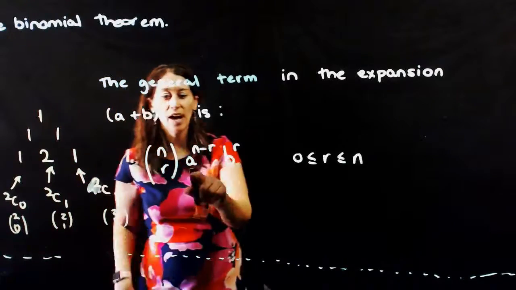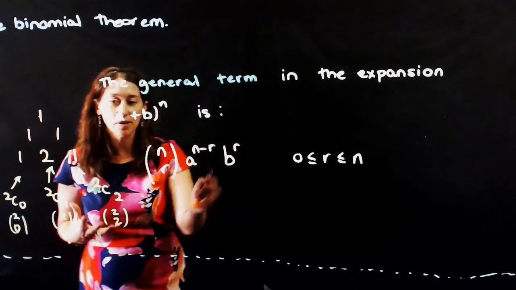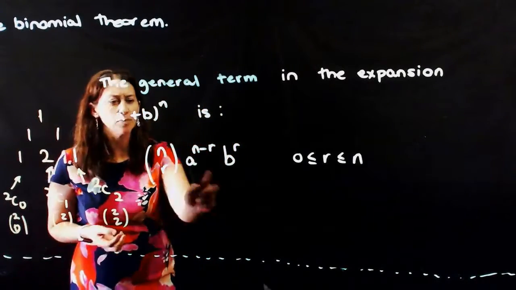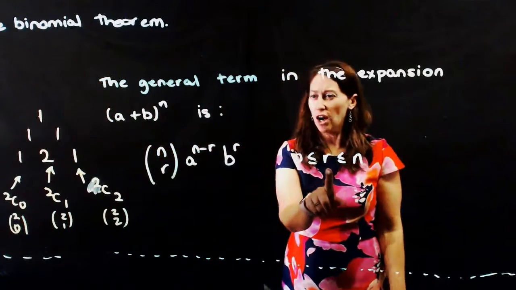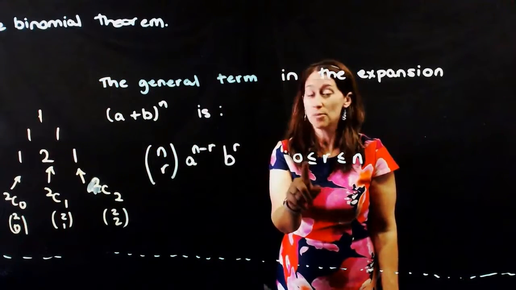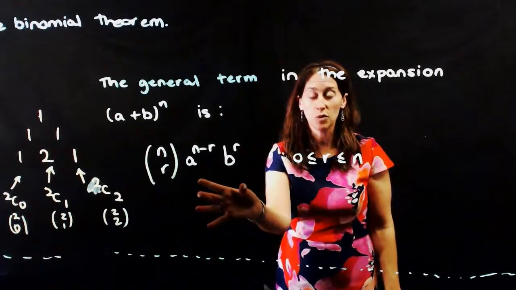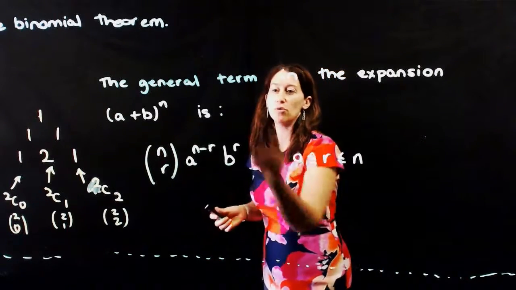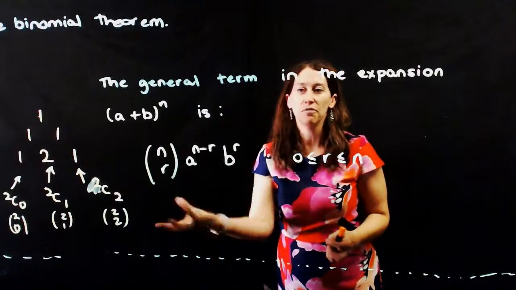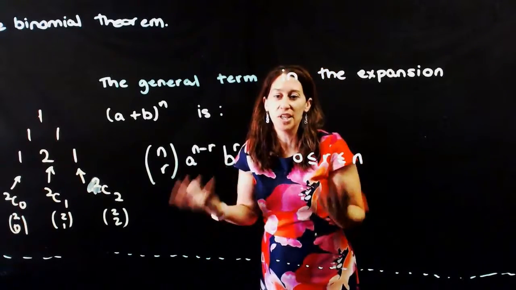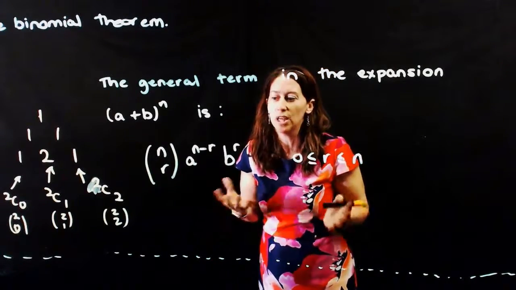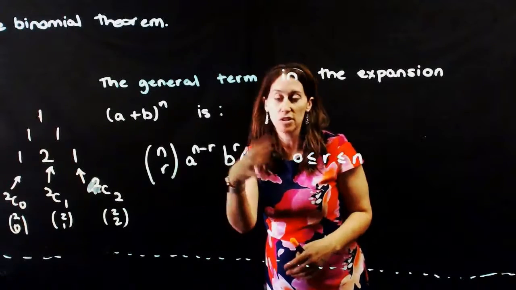I've already talked to you about how we use this, because I've done some examples in class, but we do need to know that r has to be less than or equal to n, and it's got to be greater than or equal to 0 in order for this formula to work. Now we use this general term to find the coefficient, or perhaps other things. I might give you a constant term and ask, what's the coefficient of the constant term.